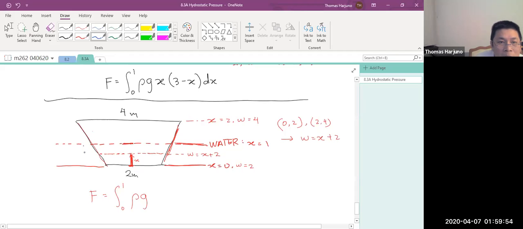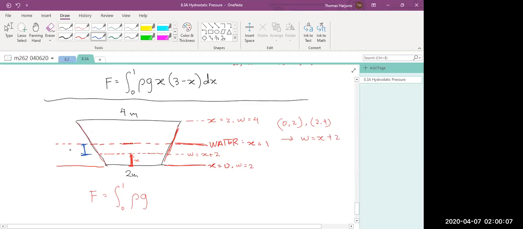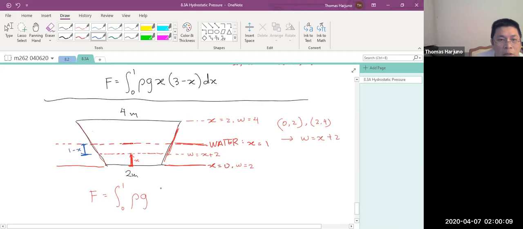It is 1 minus x, that's right. So this is 1 minus x, that's the depth. And the width will be x plus 2.